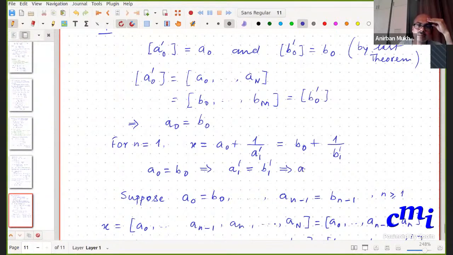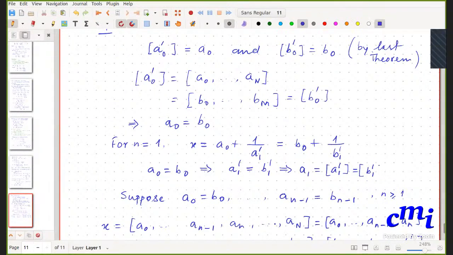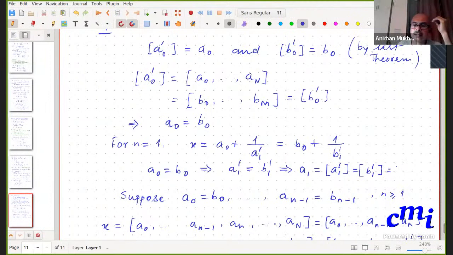Okay, let's write it like this. So a1 is nothing but the integral part of a1 dash. This is again the previous theorem. And a1 dash is equal to b1 dash. Therefore, their integral parts are equal. And therefore, this is equal to b1, again by the last theorem. So the first and last equality uses the last theorem, and equality of a1 dash and b1 dash implies that their integral parts are also equal.